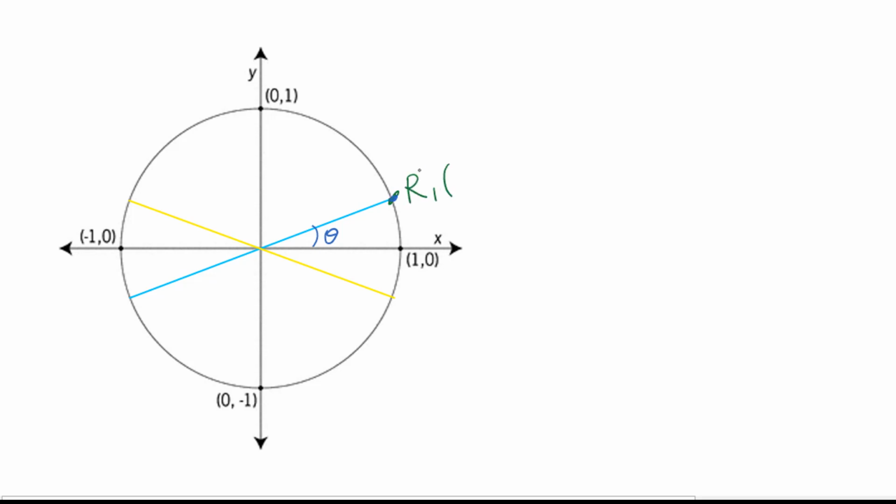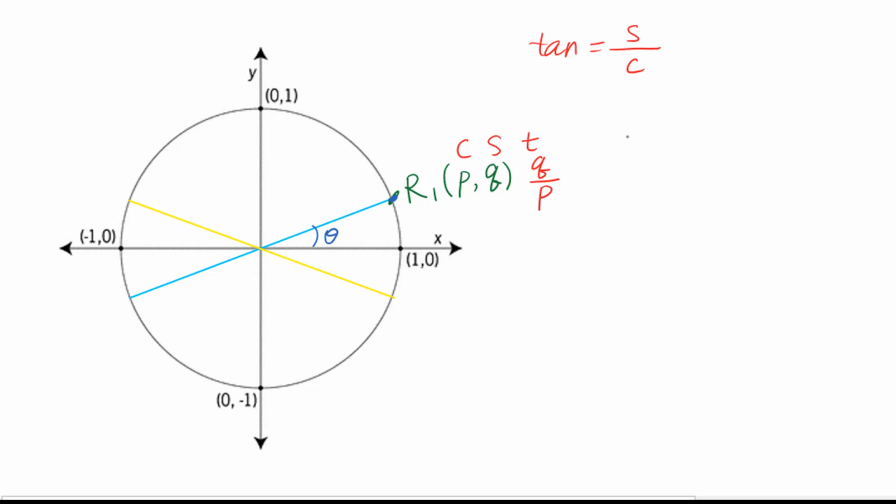The coordinate on the unit circle is P and Q. We know on the unit circle, the coordinate is CAST: cosine, sine, and tangent. Tangent equals sine over cosine. Therefore, we can write down Q over P.